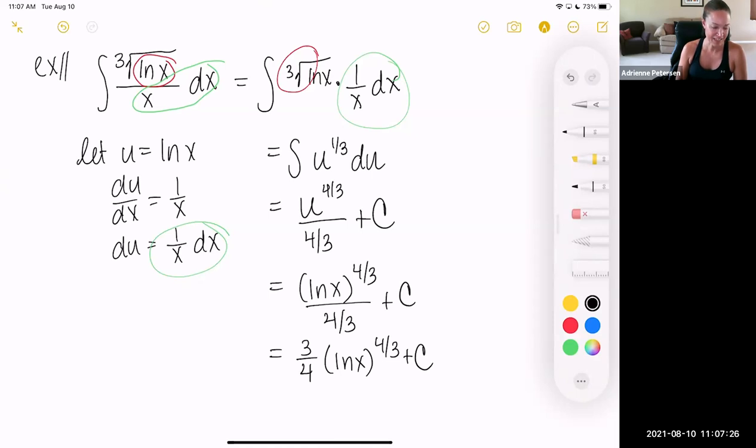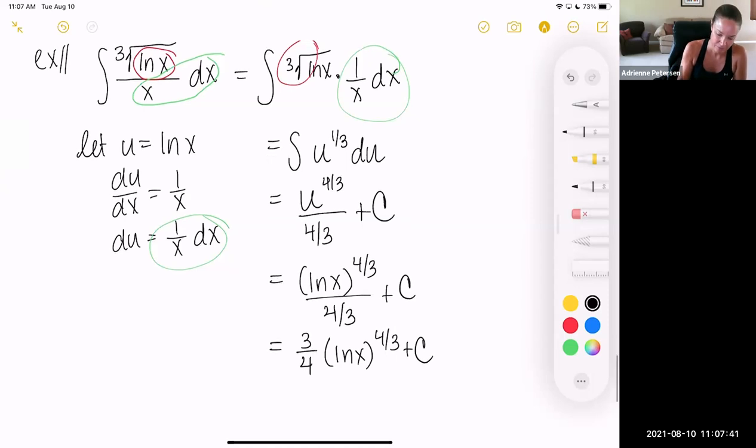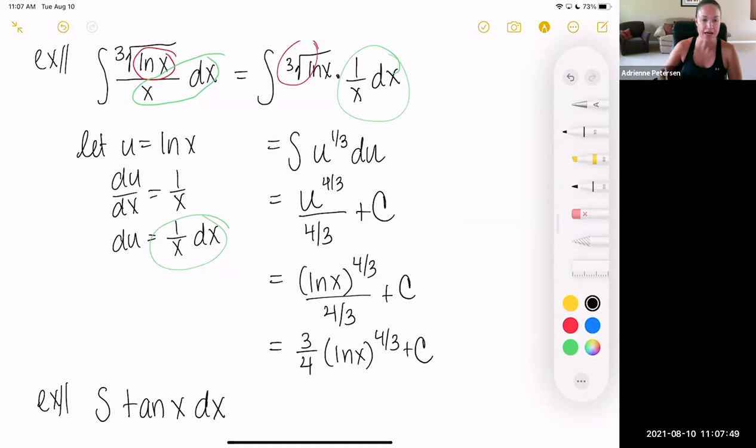All right, my second to last example. This one you guys really have to think about. So let me put it up, and I'll pause for a few seconds and I want you guys to think about how you would approach this last one. You do really have to think about it. How about the integral of tangent of x dx?